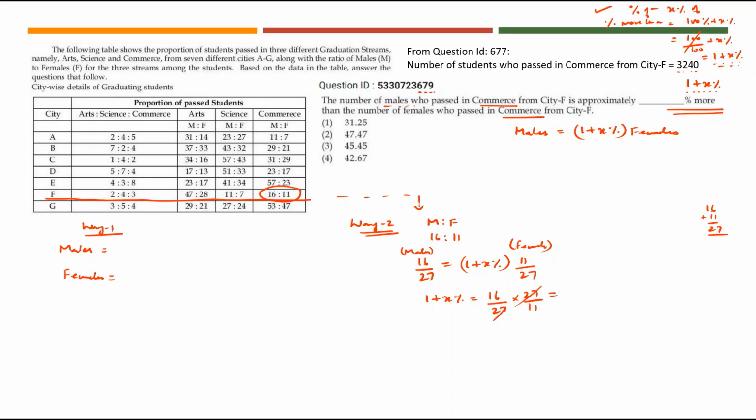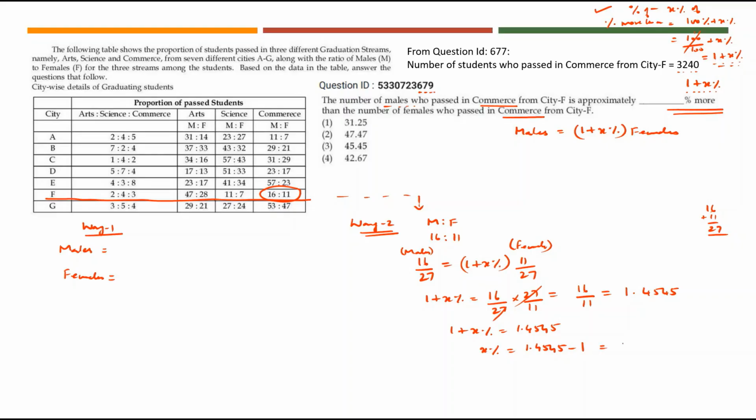Now we have the value of 16 by 11. How much is 16 by 11? This will be approximately equal to 1.4545. It goes on. So 1 plus X percentage is equal to 1.4545. X percentage is equal to 1.4545 minus 1.